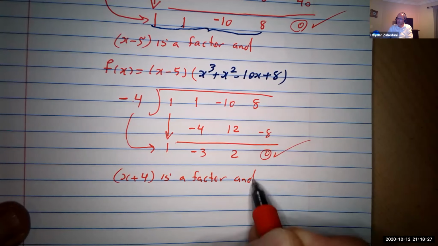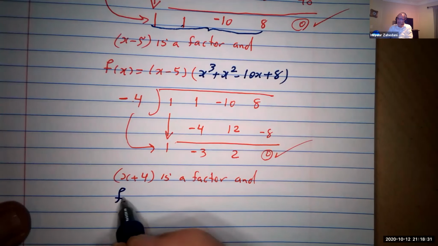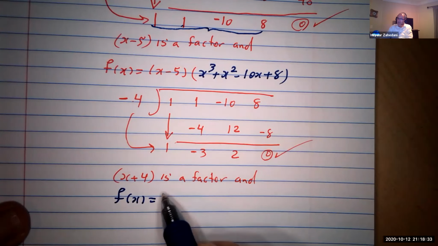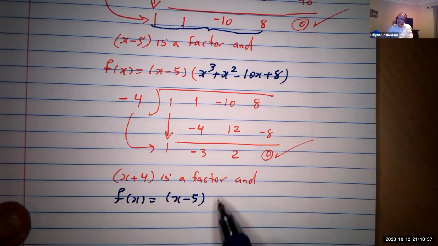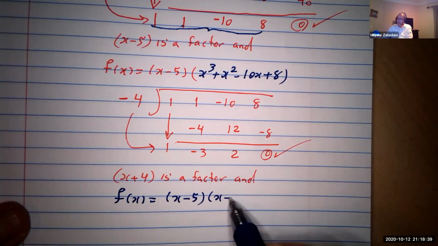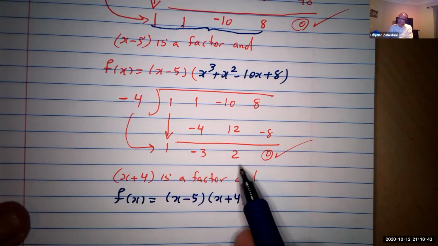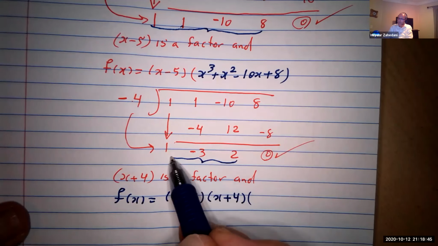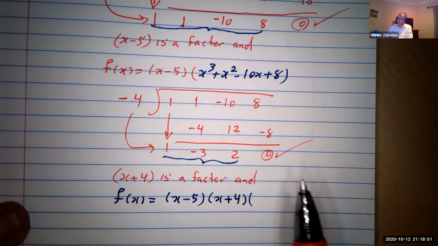And what are we going to have now? f of x is equal to, we already got x minus 5 as a factor. Now we have a second factor, x plus 4. Look at what is left over. Remember, you start with the cube, that's going to be a square.